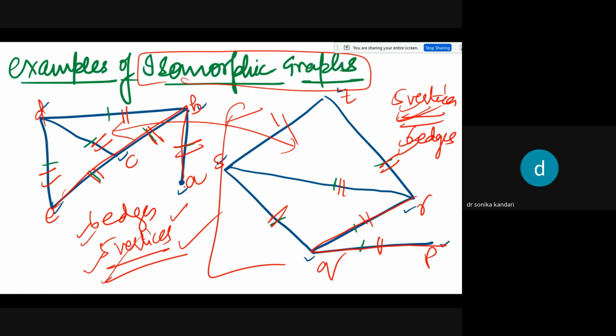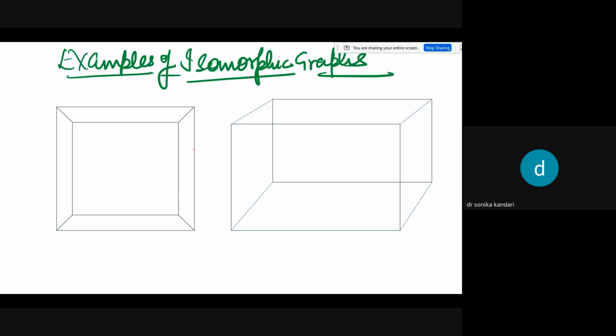Then see whether there is a correspondence, like point A corresponding to point B. See the correspondence between the sets of vertices in both graphs. Diagrammatically they need not be the same, because for isomorphic graphs the number of edges and number of vertices need to be the same. Representations may vary. Is it clear?